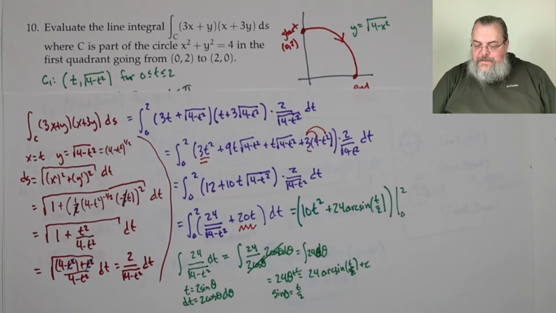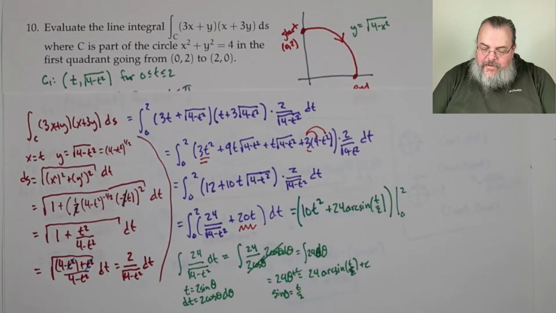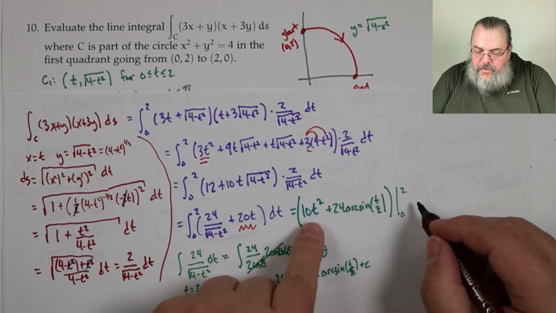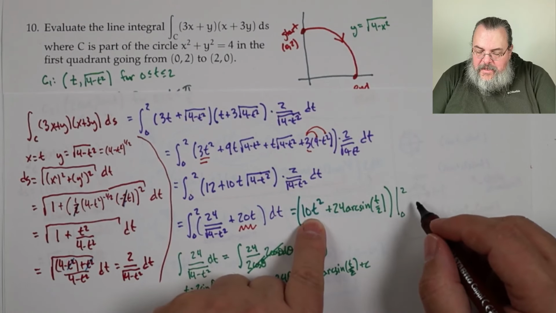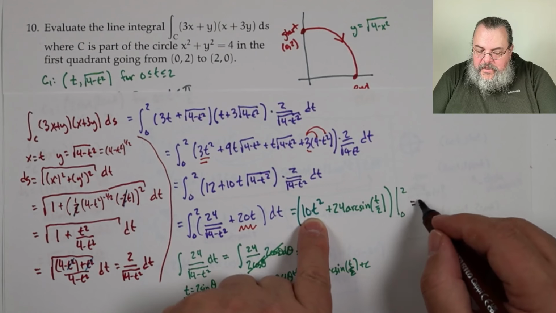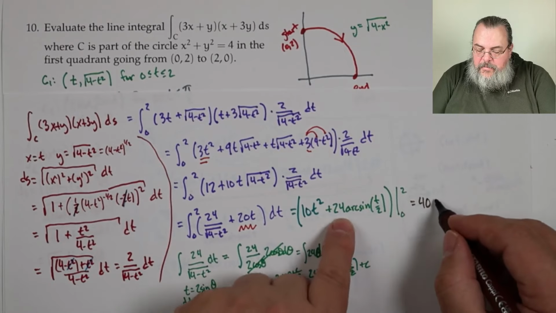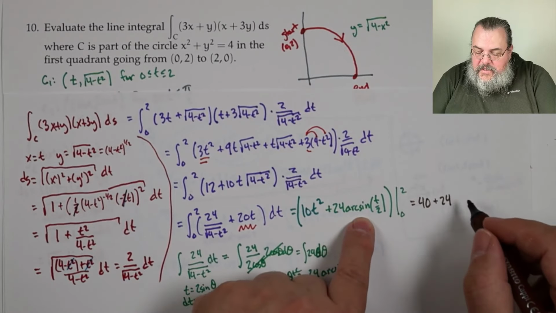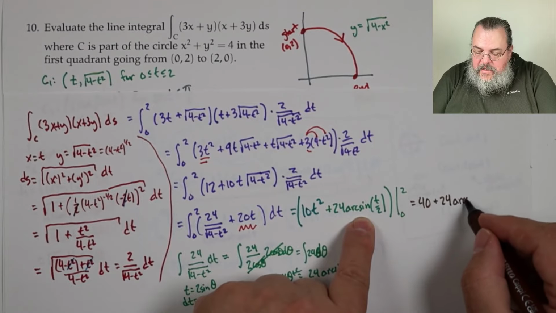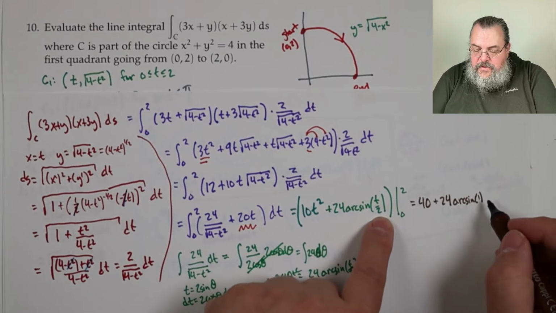We're almost there. So when we do this, we plug in 2: 10 times 2 squared is 40, plus 24 arc sine of 2 over 2.